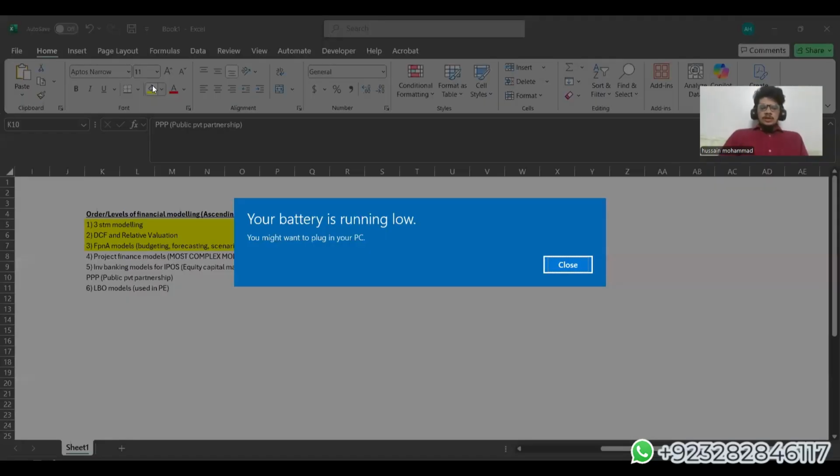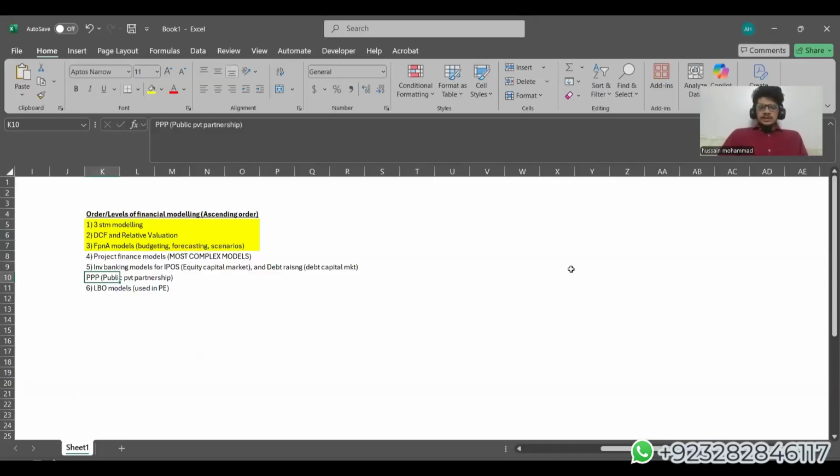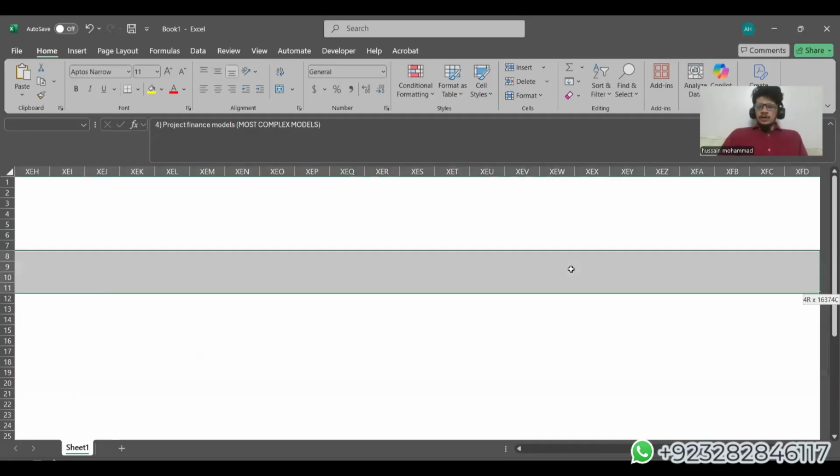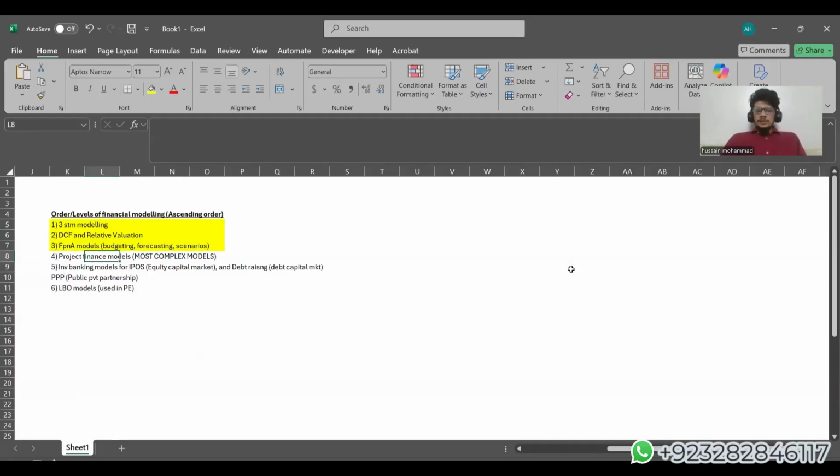But these models are all very complex. Even if you go into investment banking, you don't need to learn all these models right now. They are going to teach you. You should just be able to learn these three models, and these two right now you will comprehensively cover in my course, the first and second. Hopefully you will enjoy, and see you in the next class.